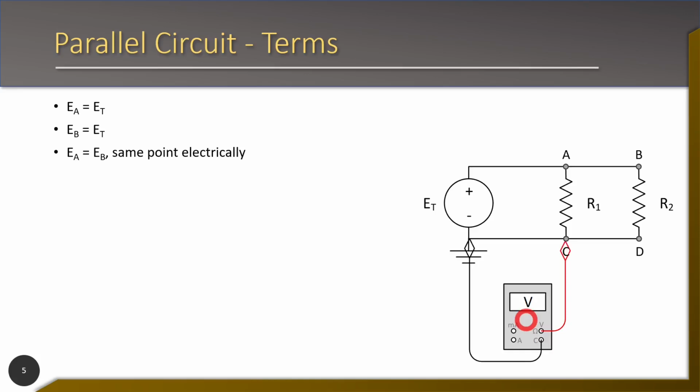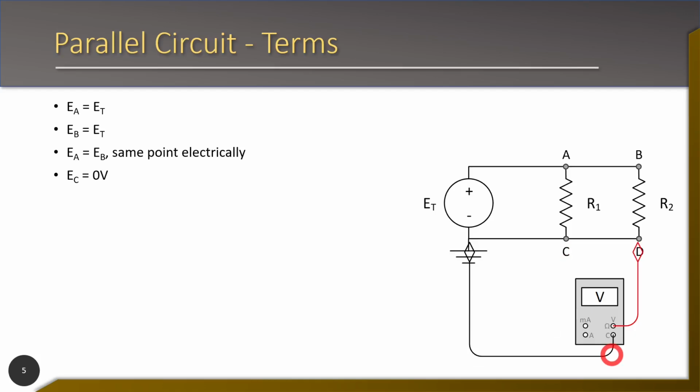So now if I come down here and I take my meter and I hook it to the negative of the battery and I hook it down here to C, you notice there's no place for any voltage to drop, there's no resistance there. So that is going to actually measure 0 volts, okay?